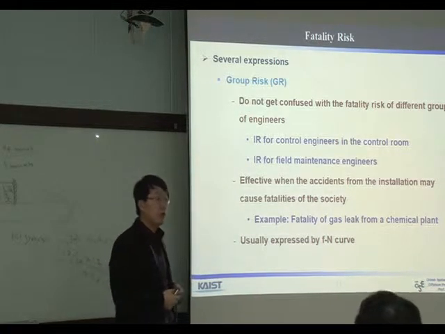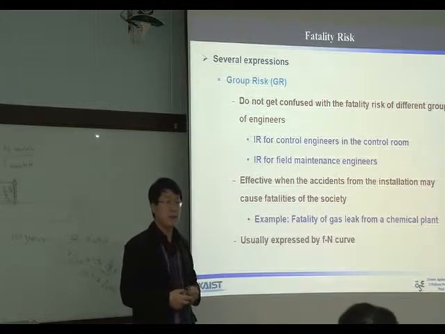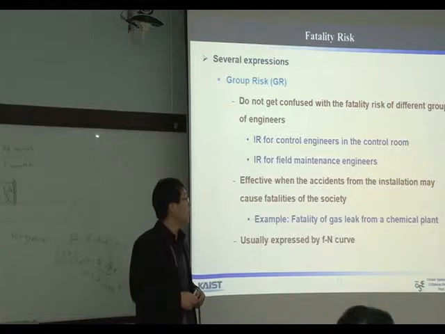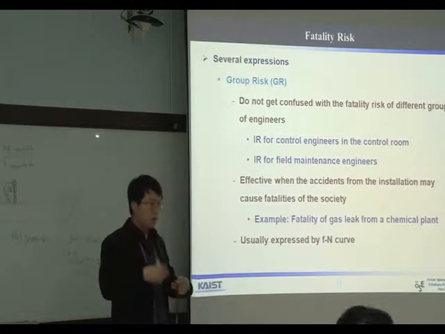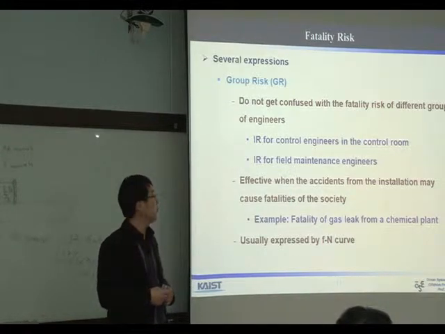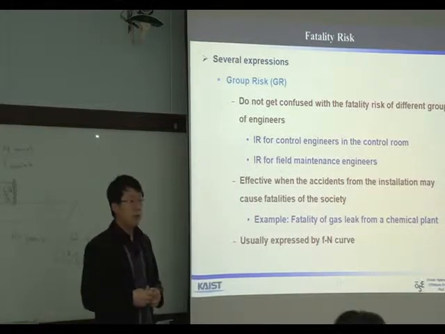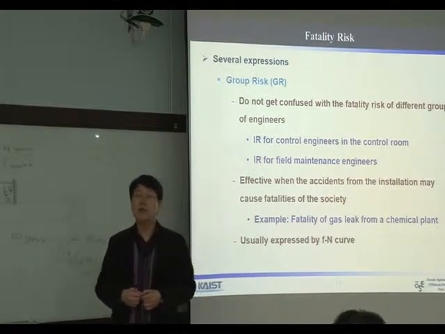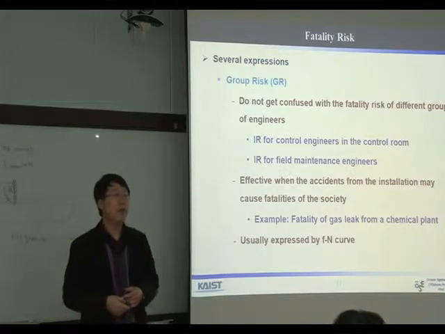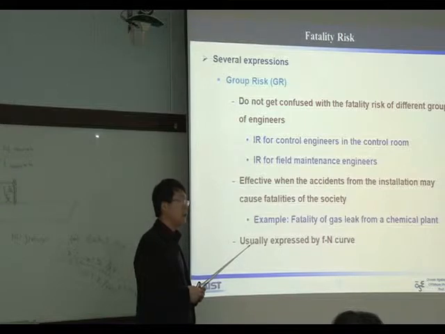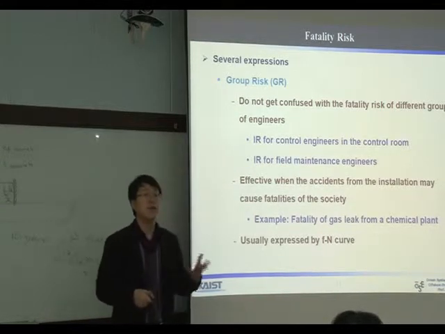We use the term group risk for the societal risk concerning the leak from the chemical plant. Anyway, group risk is expressed by the FN curve. But I think this is the cause of confusion.